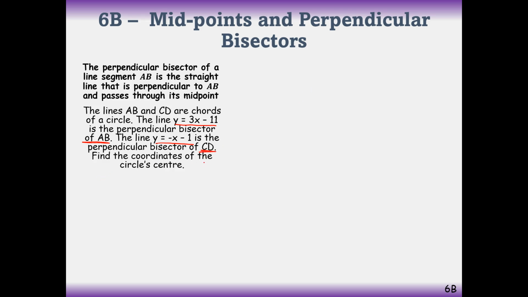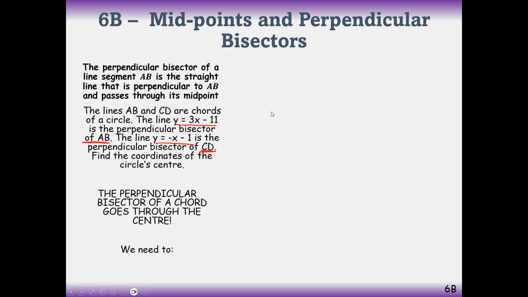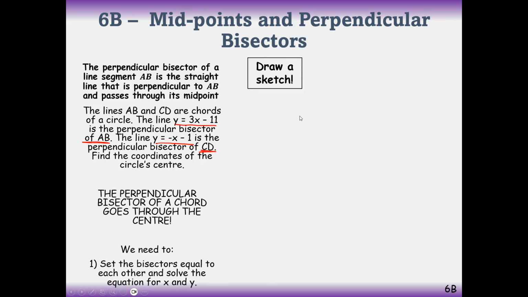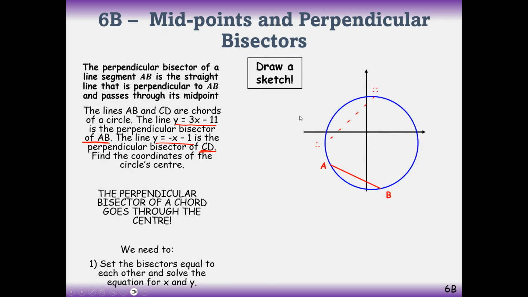So find the coordinates of the circle center. So this is where you actually have to use the assumption I told you at the beginning of the lesson, where two perpendicular bisectors meet at the center of the circle. So you have to find the intersection of these two equations of the lines we've been told.